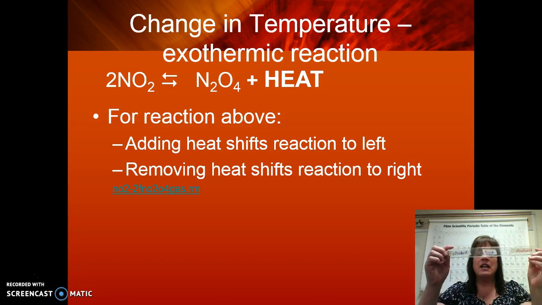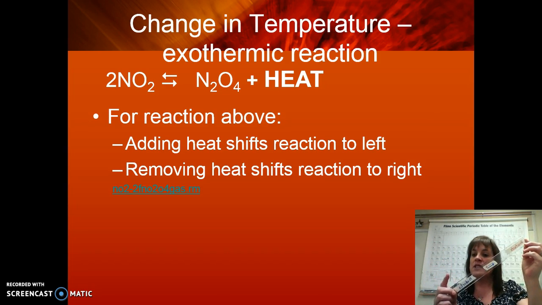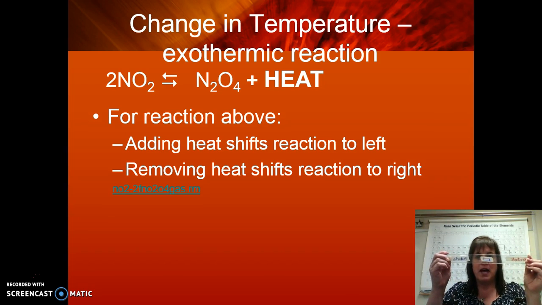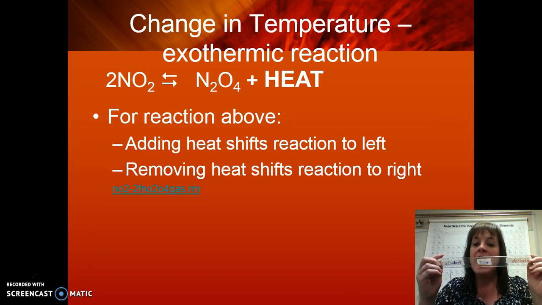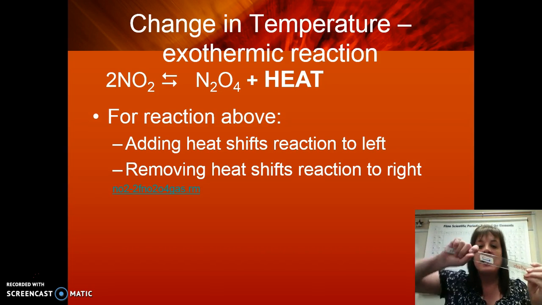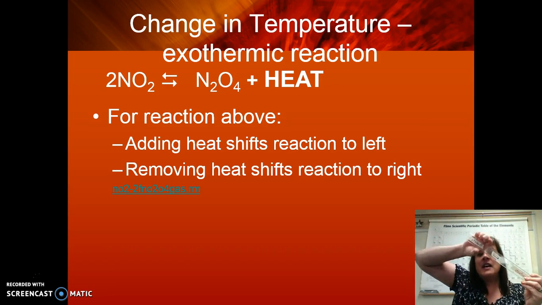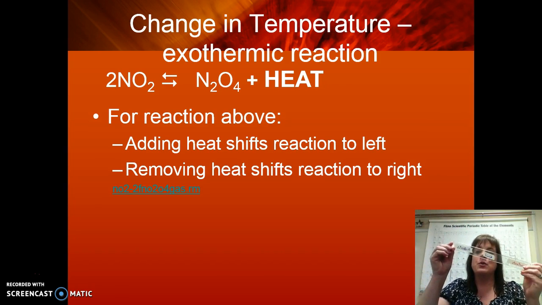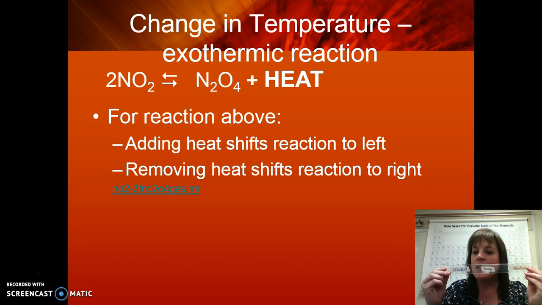So if I increase the temperature of this reaction, I have now increased my product, heat, which means the reaction is going to shift in the reverse direction, which is to the left, to restore balance. Or if I cool it down, it's like I'm removing heat, because I'm removing a product, then the reaction is going to shift to replace the heat that I took away. So the reaction proceeds in the forward direction, which is to the right.